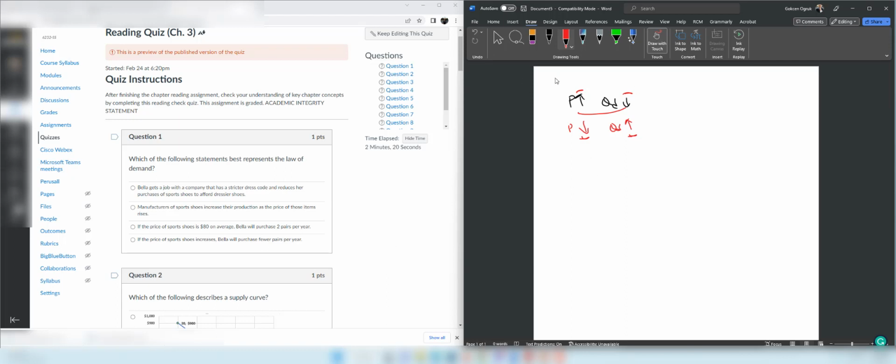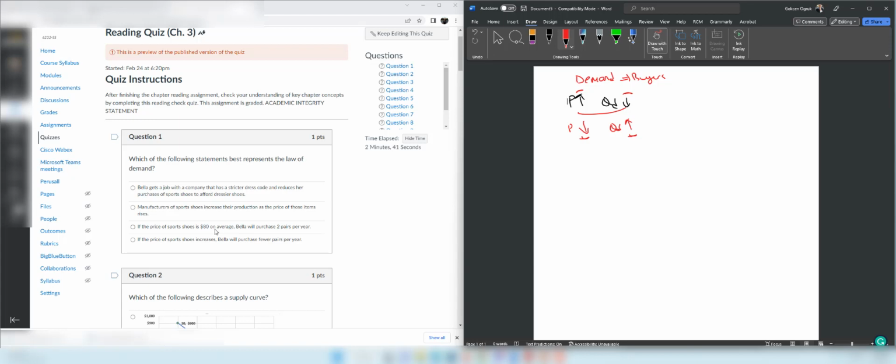Because the law of demand is about demand. Okay, demand represents the buyers in the market, not suppliers, so this cannot be correct. If the price of sports shoes is $80 on average, Bella will purchase 2 pairs per year. So yeah, there is some kind of a quantitative statement here.